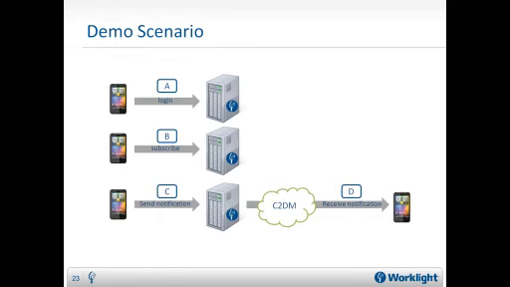Of course, in most real-life scenarios, notifications are pushed from corporate applications. But in this demo, to make setup simpler and still to have full control over the entire notification chain, we'll use our app also to send a notification to the Worklight server. And lastly, we will receive the notification in the app after it was pushed through the Worklight server via C2DM.